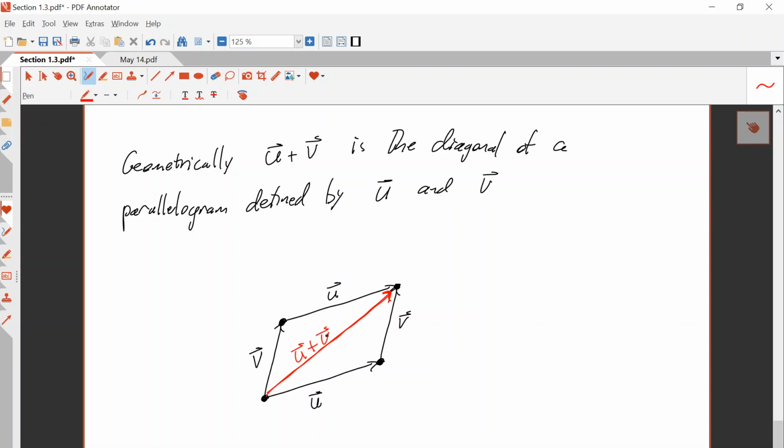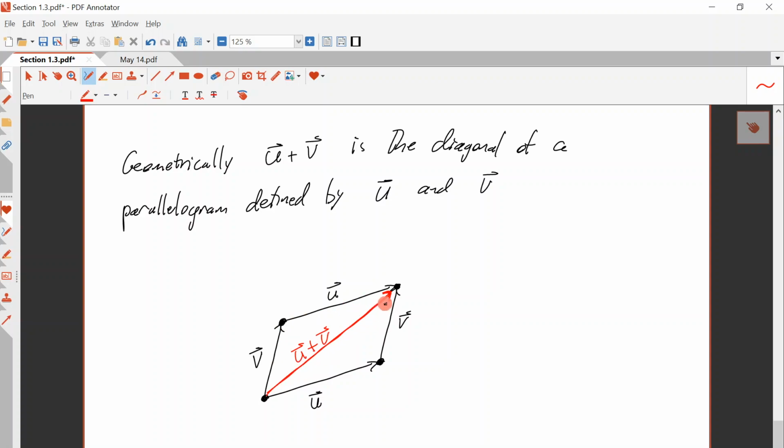U plus v. All right, so if you draw u and v tip to tail like this, head to tail, so head of u, tail of v, then u, v, and u plus v make this nice triangle. Or you can do v plus u, with the tail of v at the tail of u and the head of v, and then you form a triangle this way.